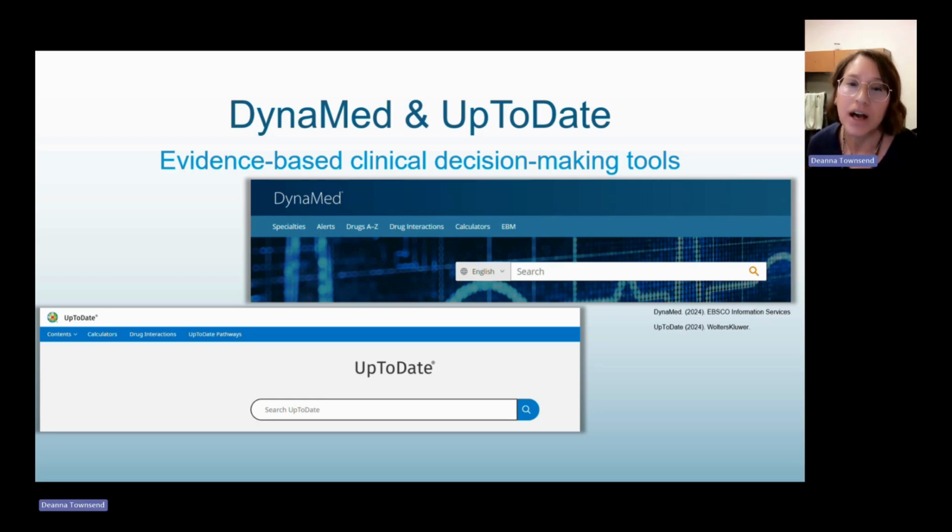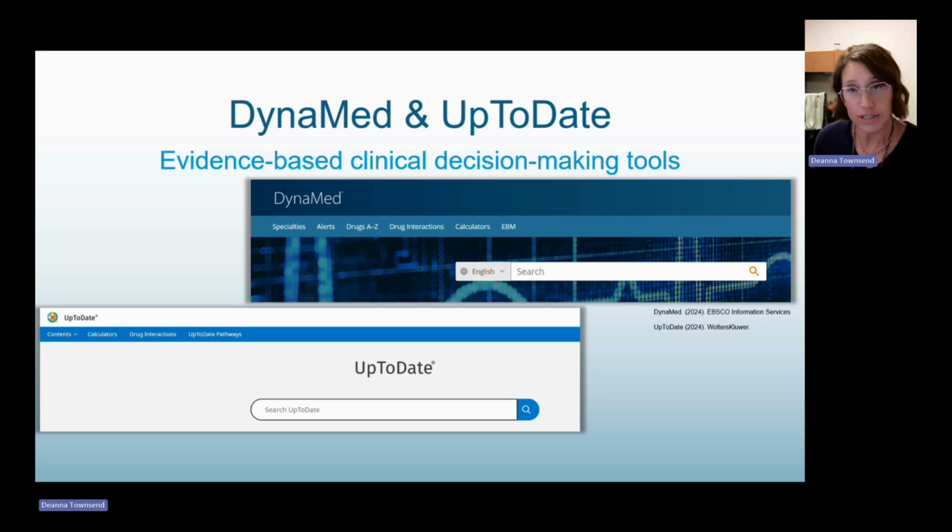The Association of Faculties of Medicine of Canada Network on Libraries conducted an environmental scan in 2015 and an update in 2022. And they released a position paper related to the existing evidence on UpToDate and the related tools. In the position paper, the AFMC librarians considered the evidence related to this category of resources for evidence decision-making.